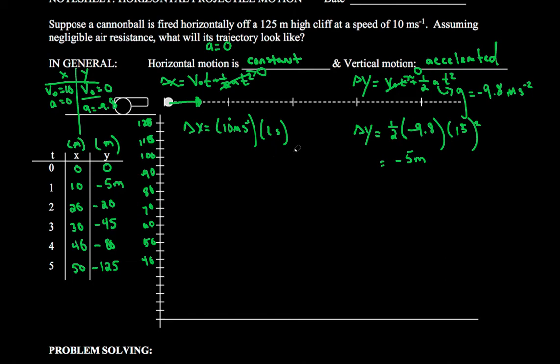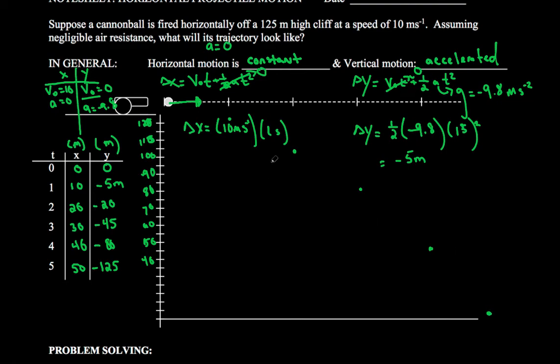After 3 seconds, it travels 30 meters, but it falls down 45, so 45 away from this would be at 80. And then we have minus 80, so we're at 45 meters, which would be right here. And then it would be right on the ground.